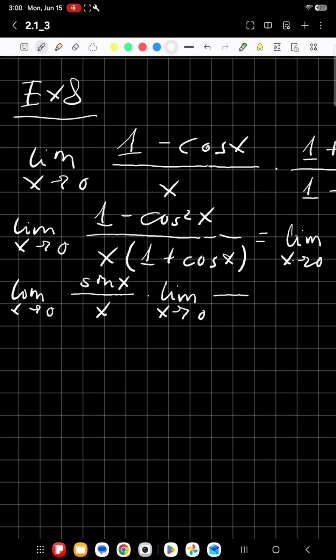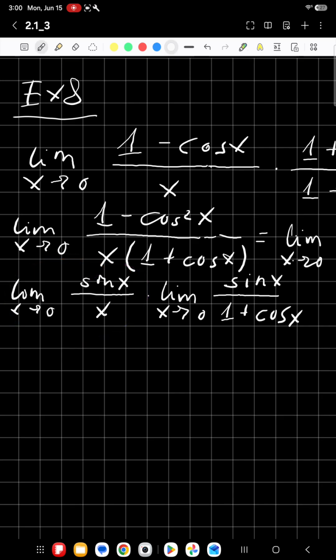the limit as x approaches 0 of sine x over 1 plus cosine x. All right, so what do we have? We just showed that the first limit is 1.